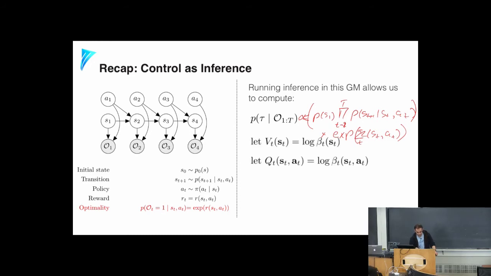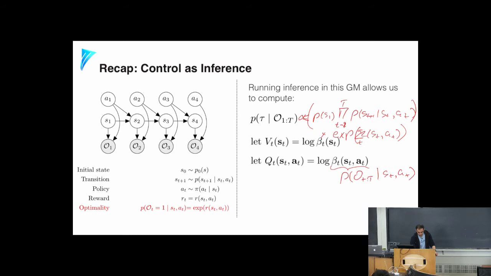Next, we tried to derive the forward-backward algorithm in this Markov chain-like model. We derived expressions for two messages. This beta message corresponded to the probability of being optimal at time steps t to capital T, given that we were in the state s_t and we acted as a_t.